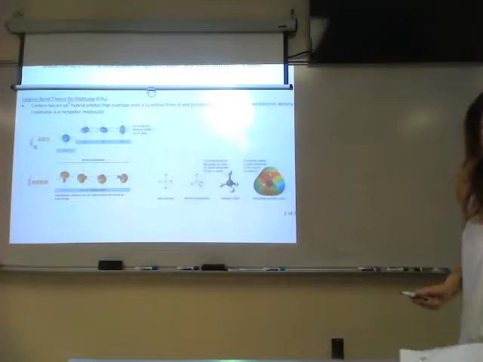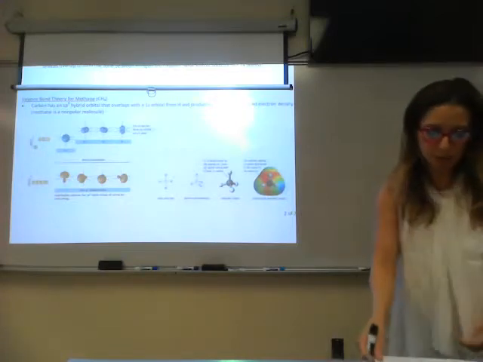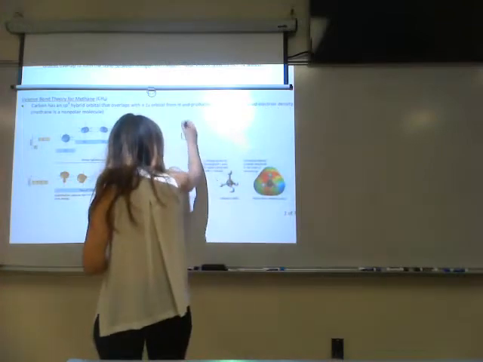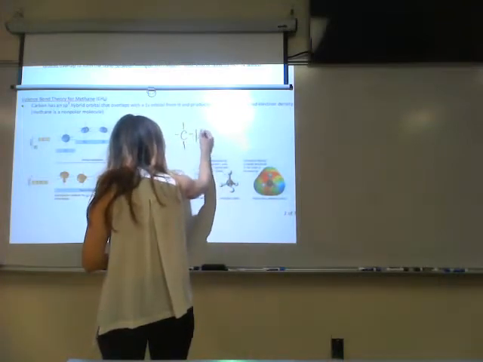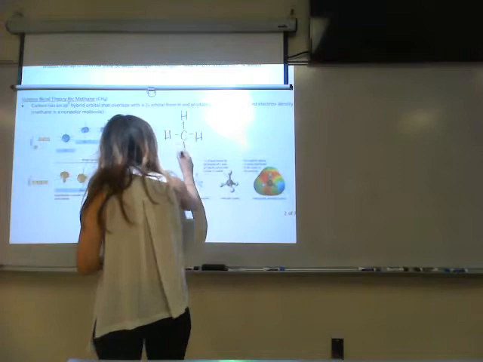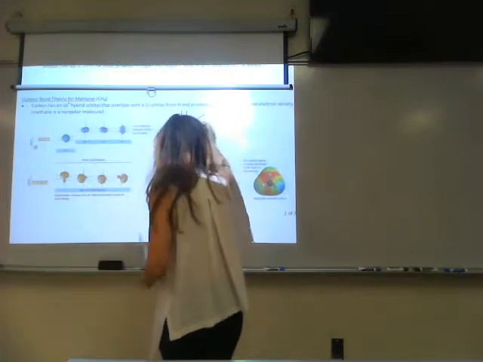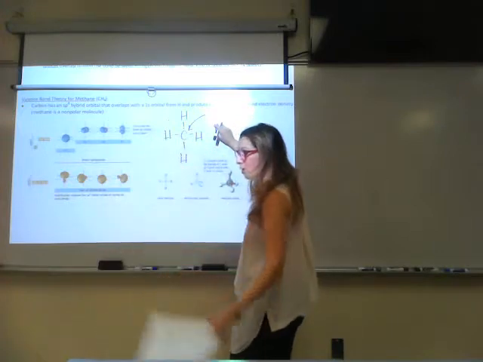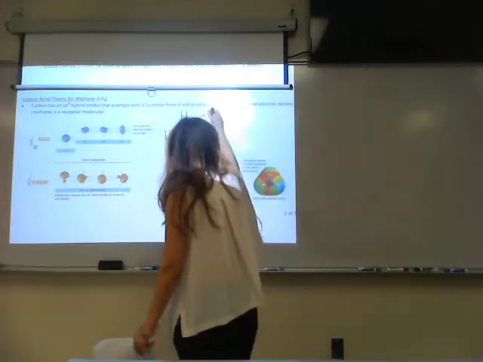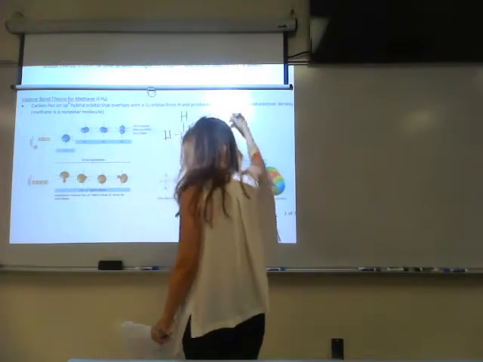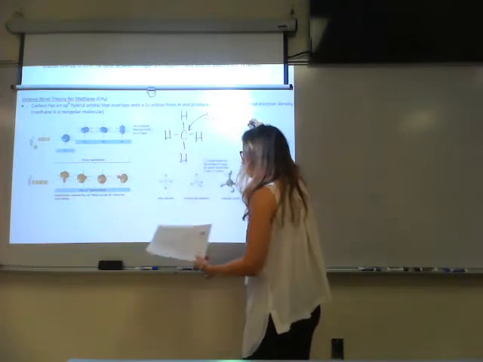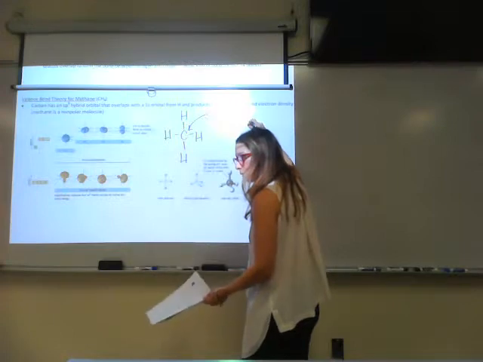Okay, so here, let's look at the valence bond theory for methane. Methane is CH4. It looks like this. The hybridization around the carbon atom, the way that we get 4 sigma bonds, which are single bonds, is the 1s electron from hydrogen overlaps with some of the valence electrons in carbon.